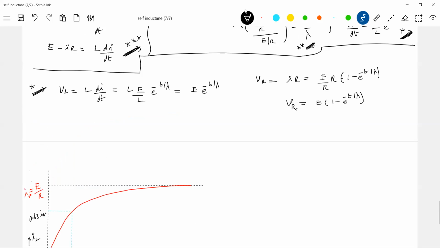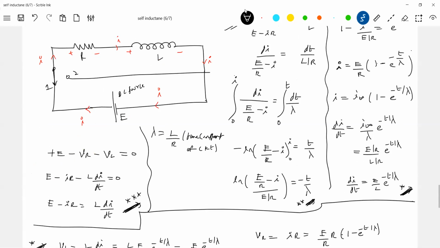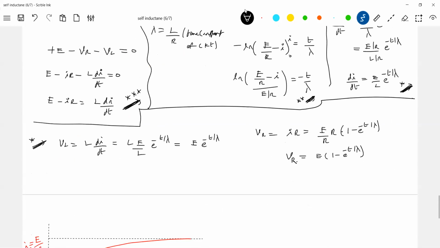So how do I obtain this? Take help of this equation. Put t equal to lambda: 1 minus 1 by e, where the value of e is 2.7. If you calculate, we'll end up with this.